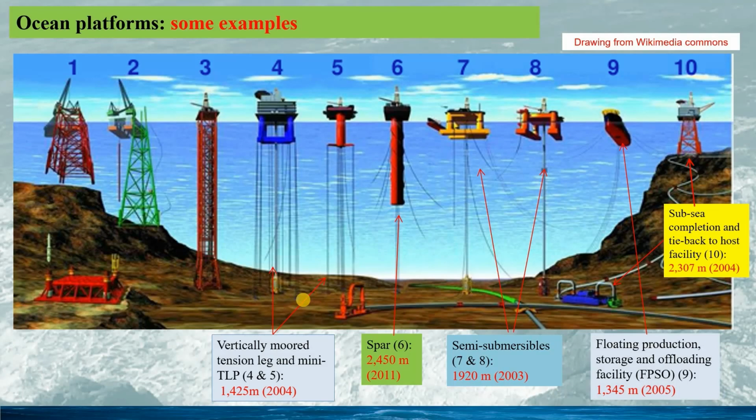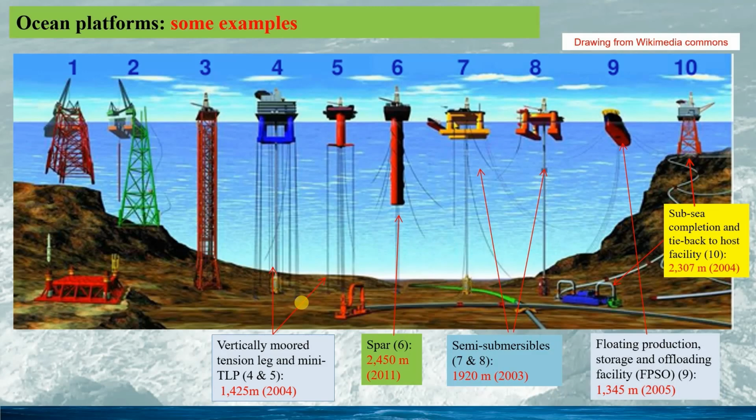For instance, the TLP, the tension leg platform, is especially used for reducing or removing the heave motion of the structure, because this is the most difficult motion mode for drilling facilities in operation.